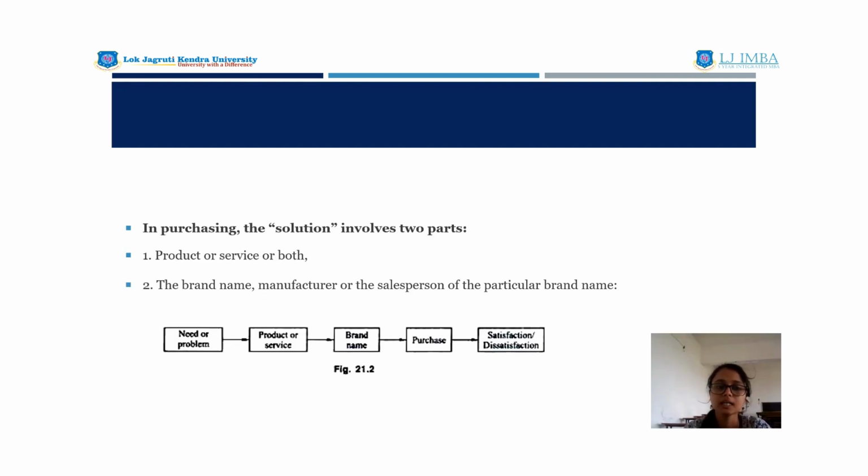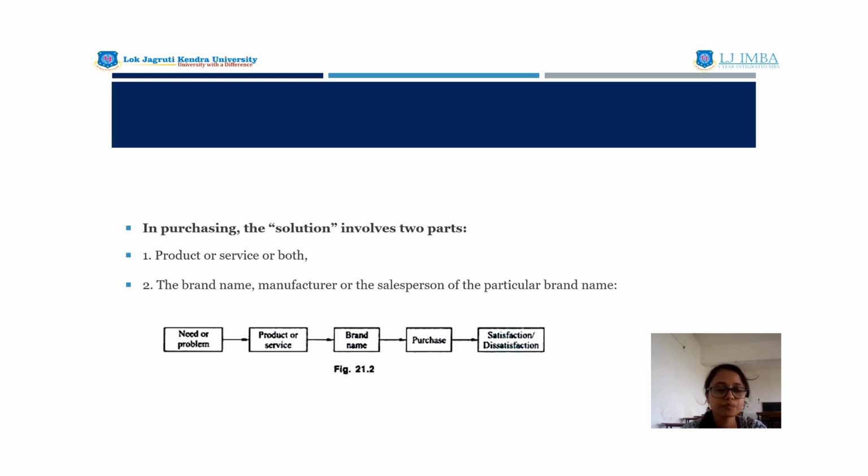In purchasing, the solution involves two parts. One is product or service, or it could be both. Second is brand name, the manufacturer or the salesperson of a particular brand name, right? For example, there is a need. I want to communicate and I need some device which will help me in presentations and surfing.